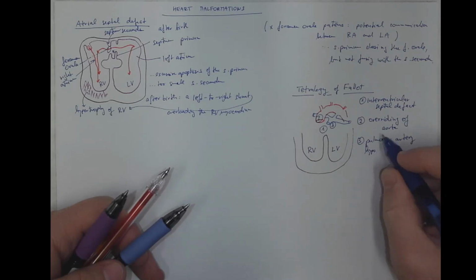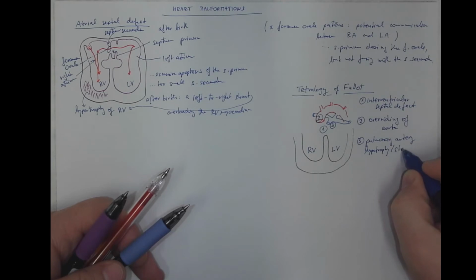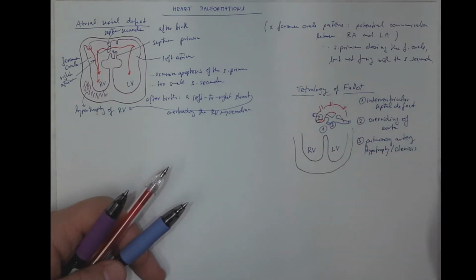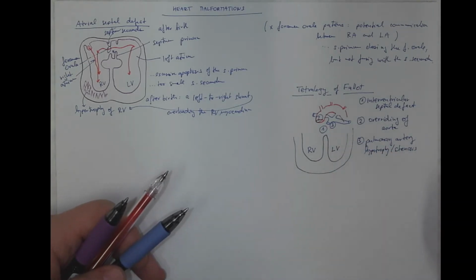So it's smaller than it's supposed to be. Or stenosis. Stenosis means the tube is more narrow than it's supposed to be.